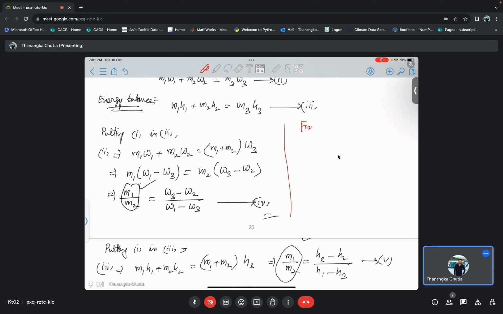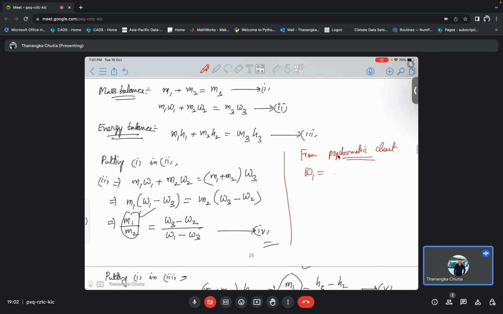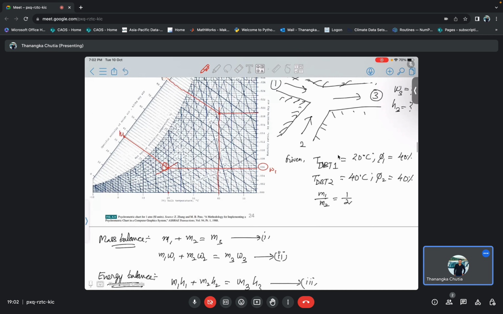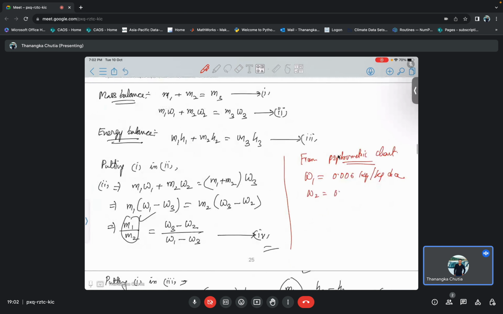From the psychrometric chart, W1 we get is close to 0.006 kg per kg of dry air, and W2 is close to 0.019 kg per kg of dry air.